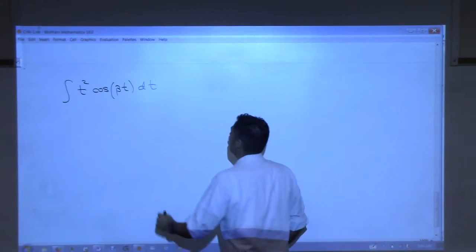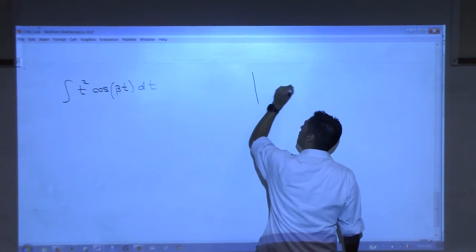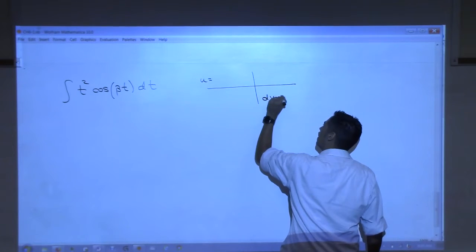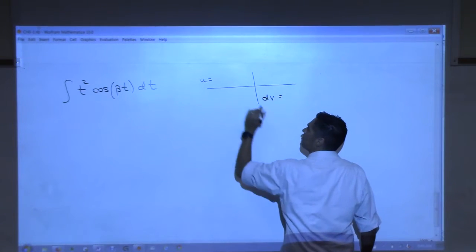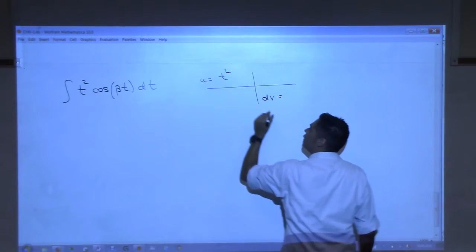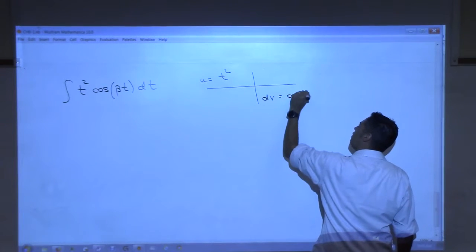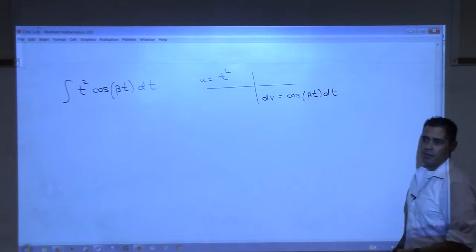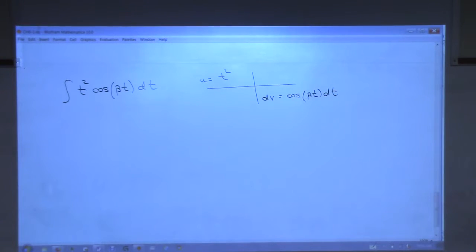Let's set up the table. So the table becomes u and dv. And u here for us, we said was t squared. And cosine beta t dt is dv. We have no other choice. And isn't beta t linear?